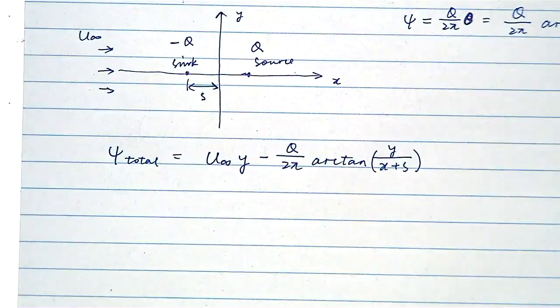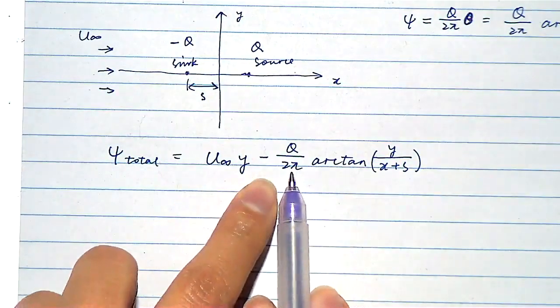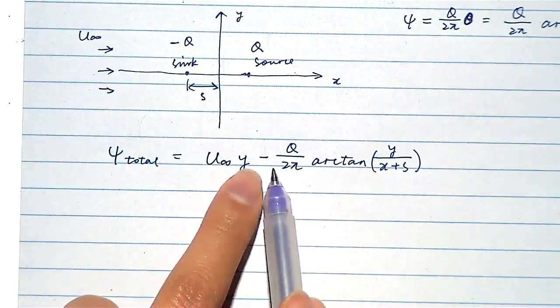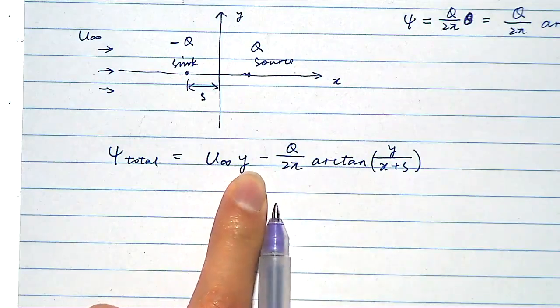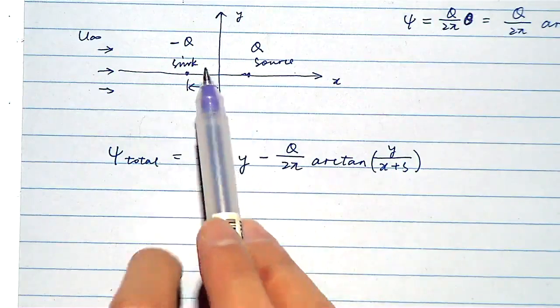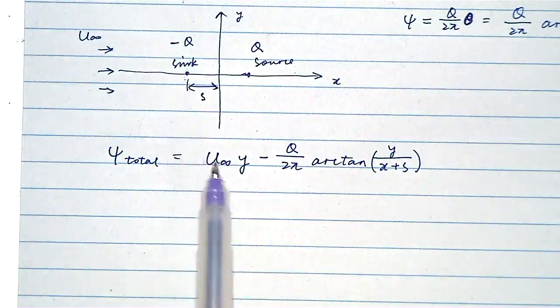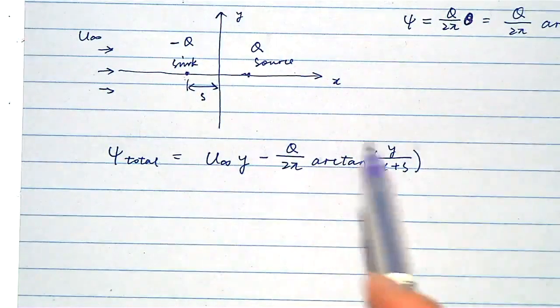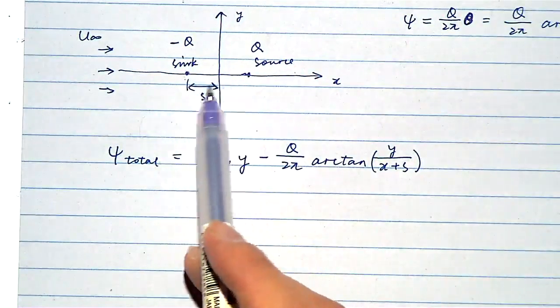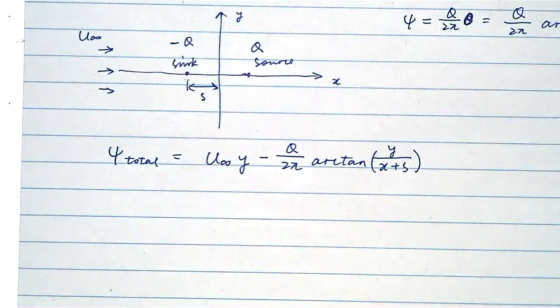So there are 2 things to be careful about here. First is the sign. We're looking at the sink, so we have a negative sign in front of the expression. And another one is the location, the center of the sink. It's not at the origin of the coordinate anymore. It has been shifted by this amount s to the left.